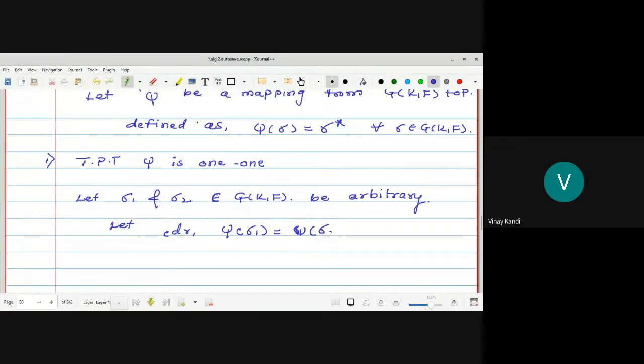What is the definition of psi? Sigma 1 star is equal to sigma 2 star.